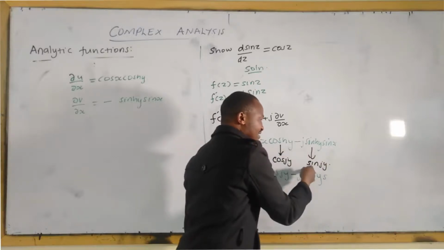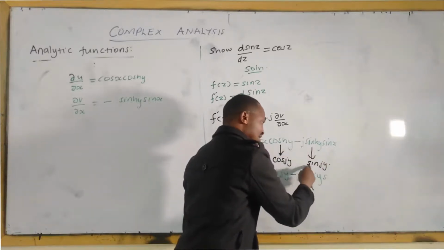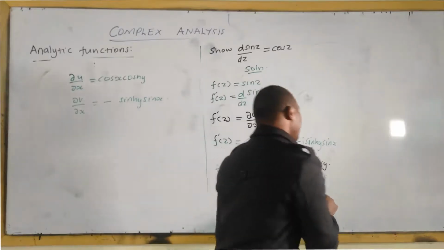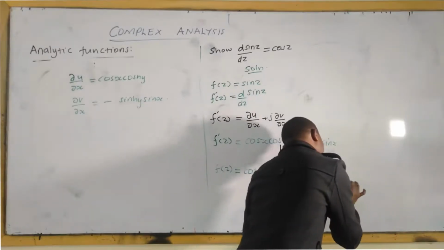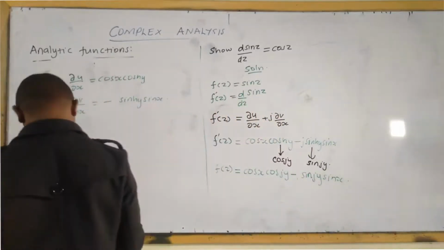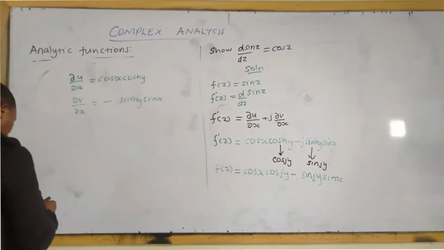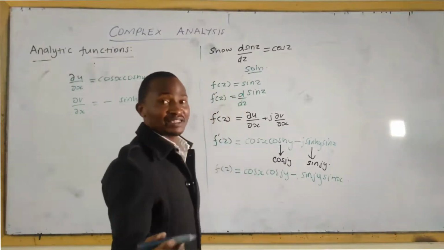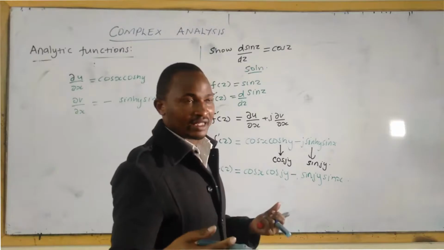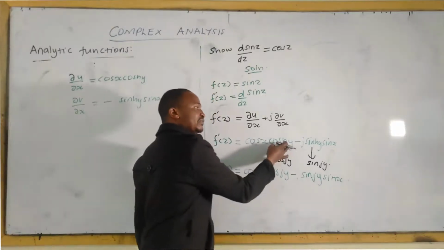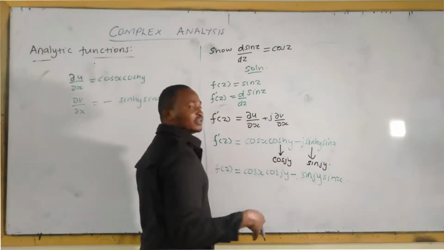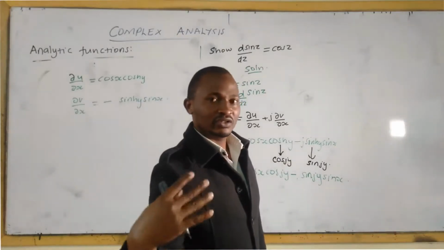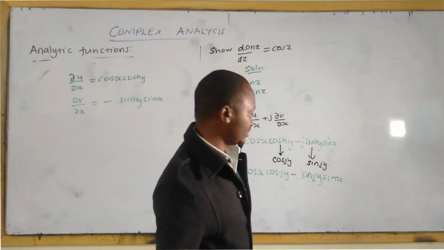J sin y is sin jy, the j here, then sin x. Recall from trigonometry, again, area arc inverse is very important for higher levels. Here we are talking of hyperbolic trigonometry, so you have to remember those topics, hyperbolic functions, trigonometric functions, and so on.